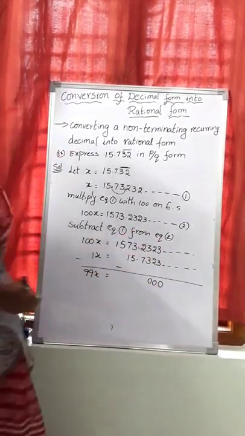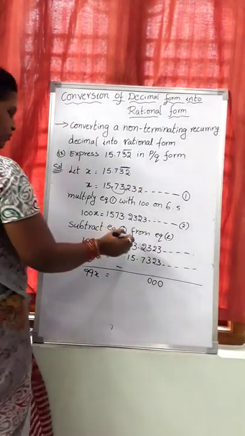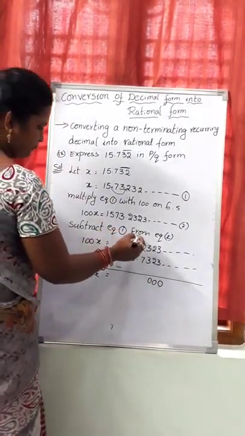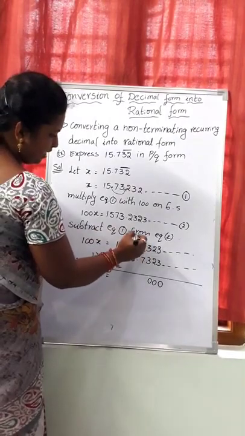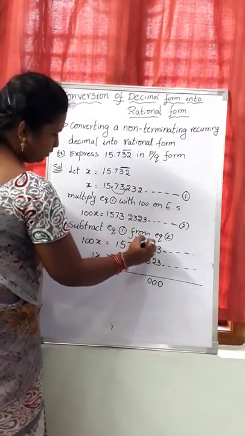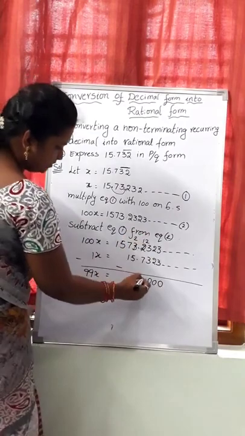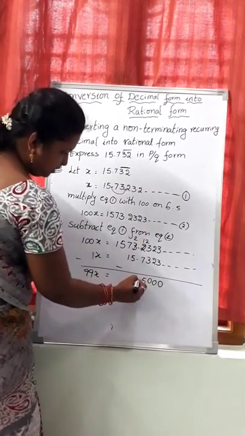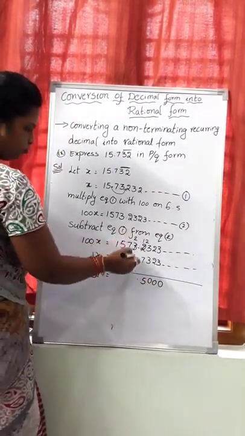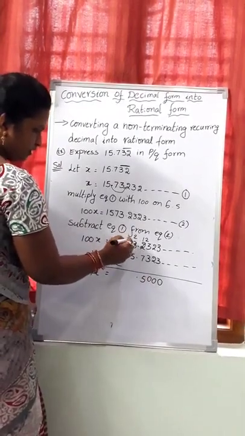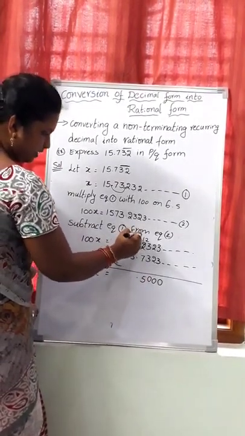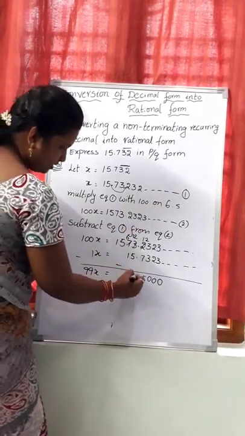Now here 2 minus 7 is not possible, so borrow from the left number: it becomes 12. 12 minus 7 is 5, and keep the decimal point as it is. Now 2 minus 5 is not possible, so it becomes 12, and 12 minus 5 is 7.